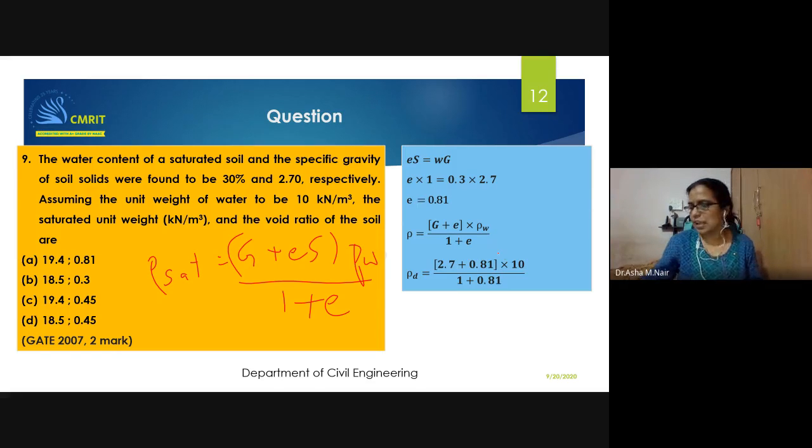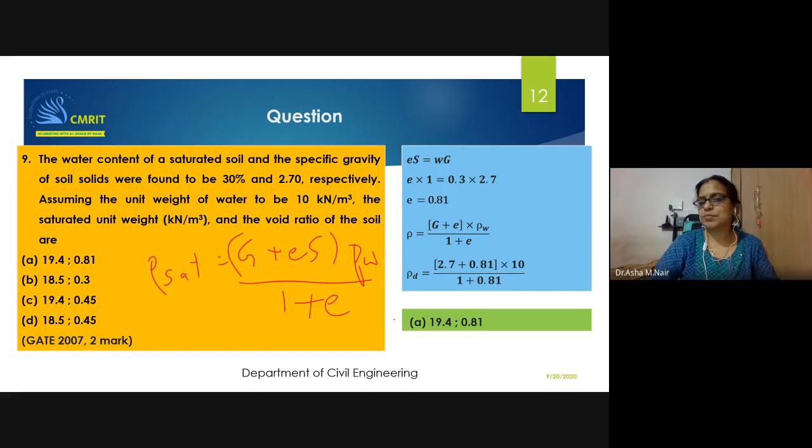You will be getting 19.4. So this verifies your answer. Your option is 19.4 and 0.81. Whenever you do such examinations and topics, you should always be able to eliminate answers.